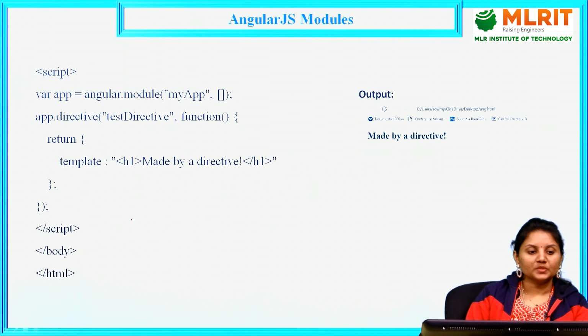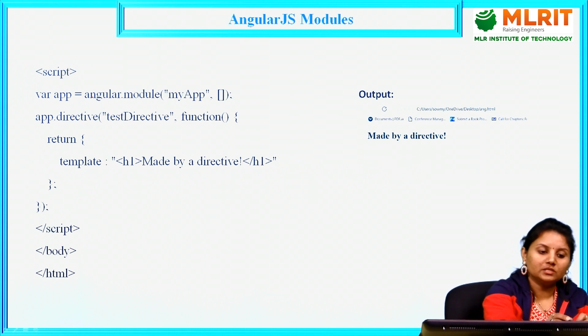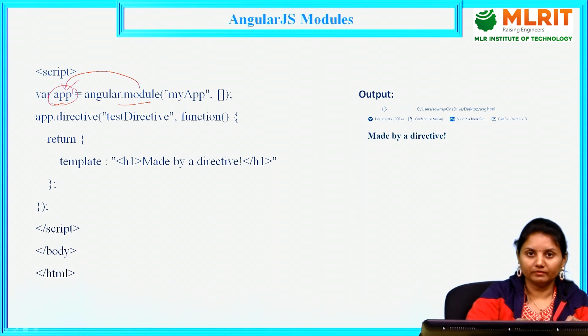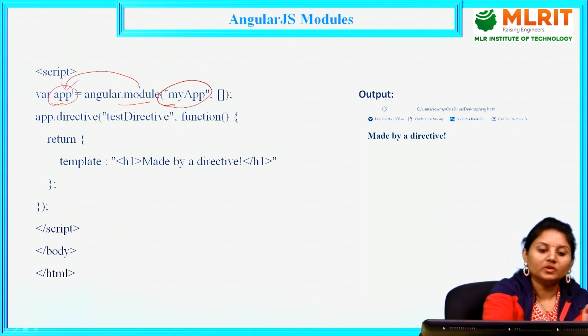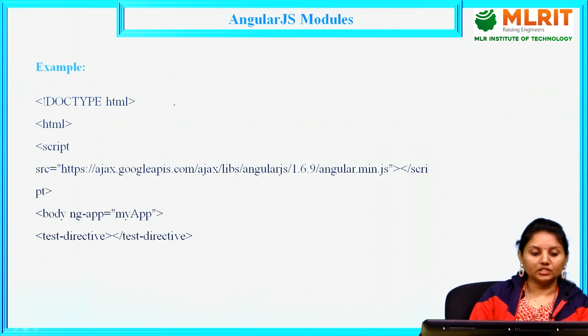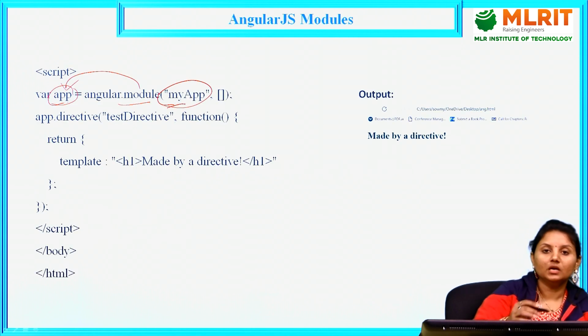In the script, we are going to create a module, and as you all know, we store it in an application variable. You create the module using angular.module, and the name we gave for ng-app is myApp, and the same we give here as the module name.